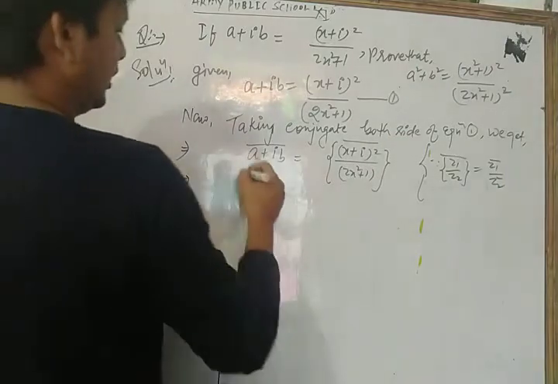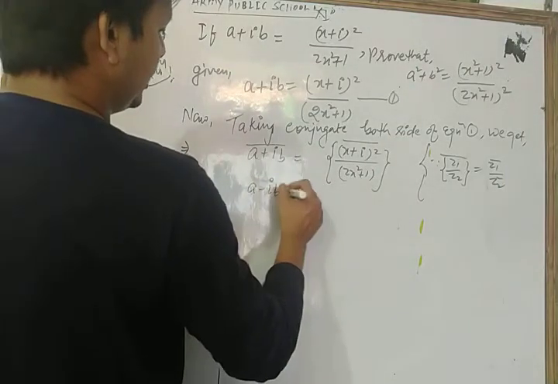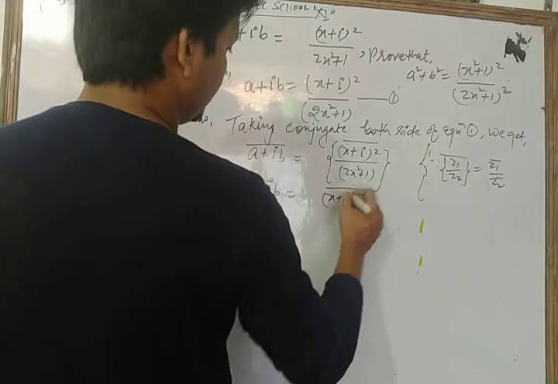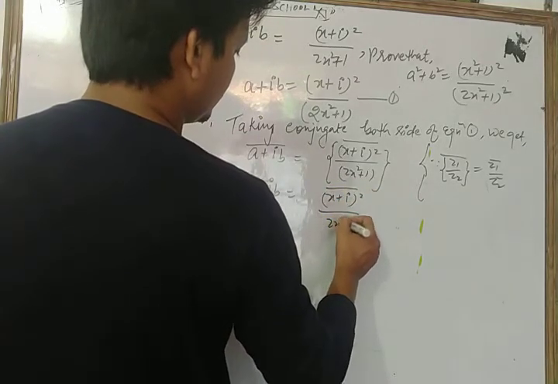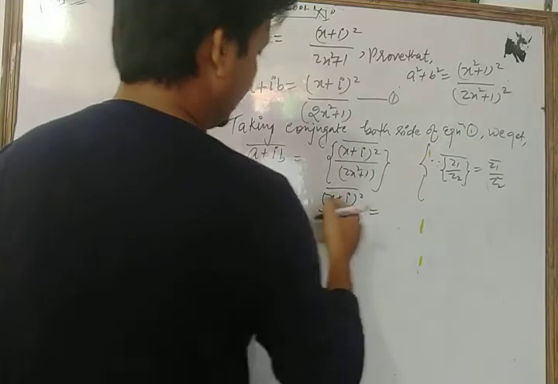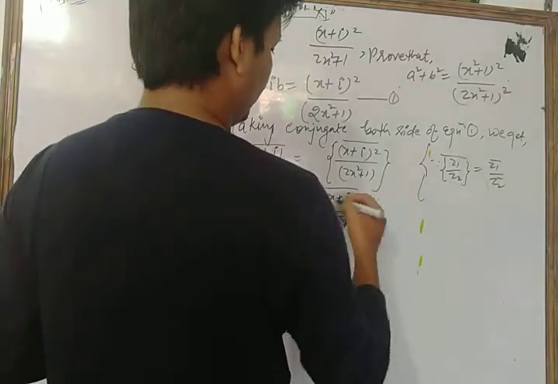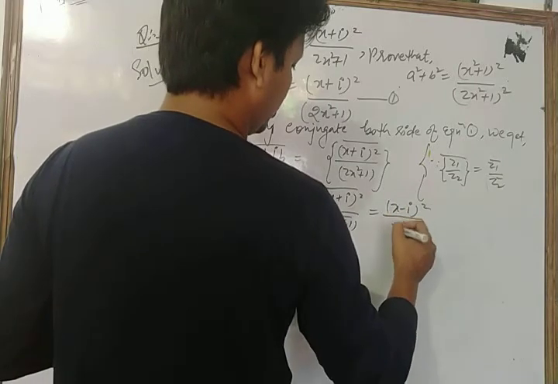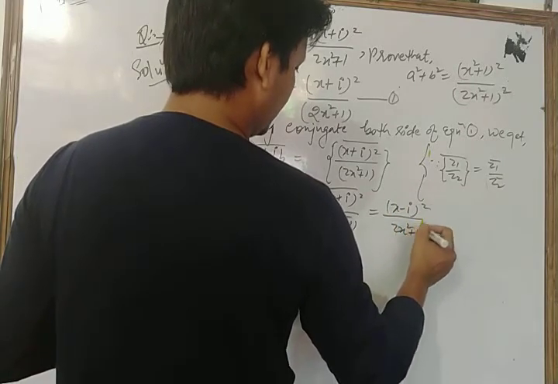Now let's see, here we use that property. We get a - ib is equal to the conjugate of (x + i)² upon the conjugate of 2x² + 1. So we have (x - i)² upon 2x² + 1.